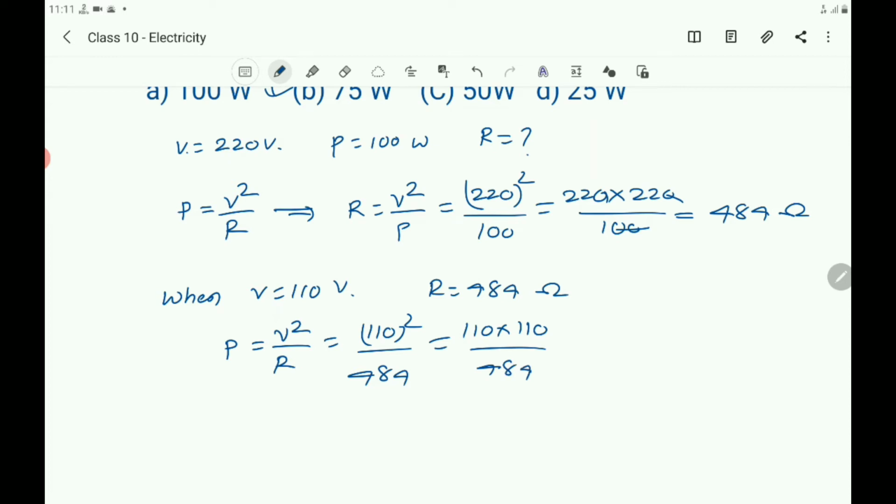So you will get 11 11s are 12100 by 484.